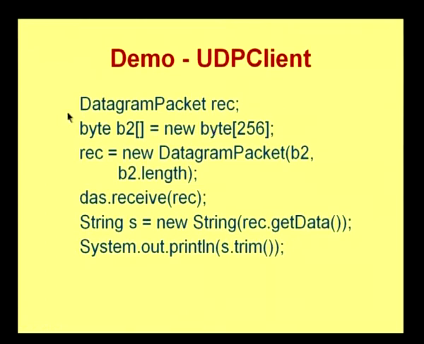We created a byte array to send the information on the client side. Now on the client side itself we introduce a new datagram packet, and I have created a byte array, and then I try to receive. First I send the information from the client, and then I call the receive method.